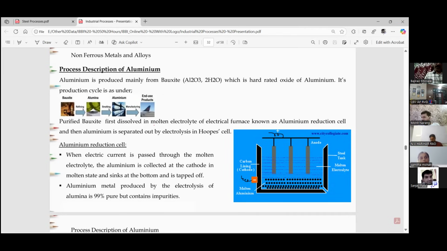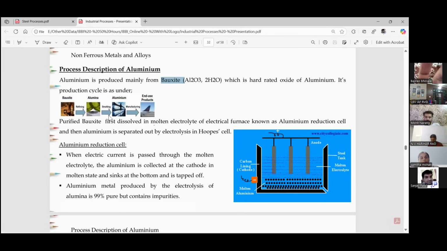Second process, that is the aluminum process. So aluminum we are getting from the bauxite. Okay. Firstly, aluminum is extracted by the electrolysis process. So your bauxite is converted into the aluminum, and from the aluminum we are creating a lot of end products.